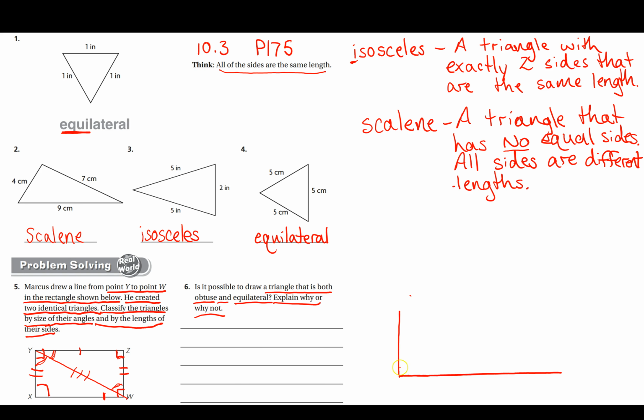And remember, a right angle is 90 degrees. Obtuse needs to be a bigger angle than that. So I need to move this line segment to the left, to tilt it left to make that angle bigger than 90. So I'm going to get rid of that line. I want to make it bigger than that, because an obtuse angle has to be bigger than 90.